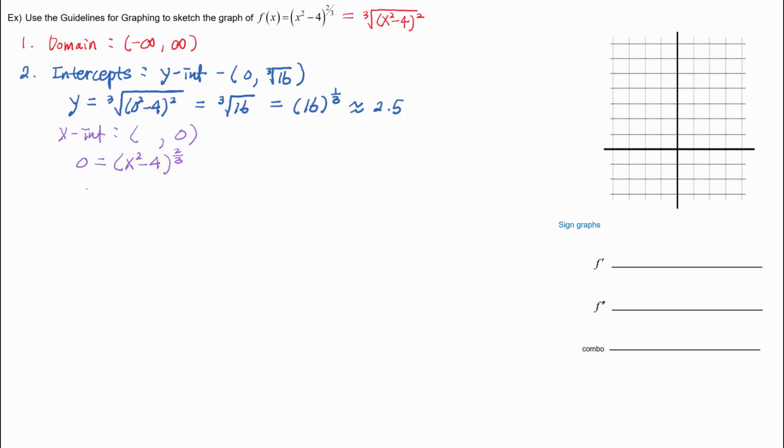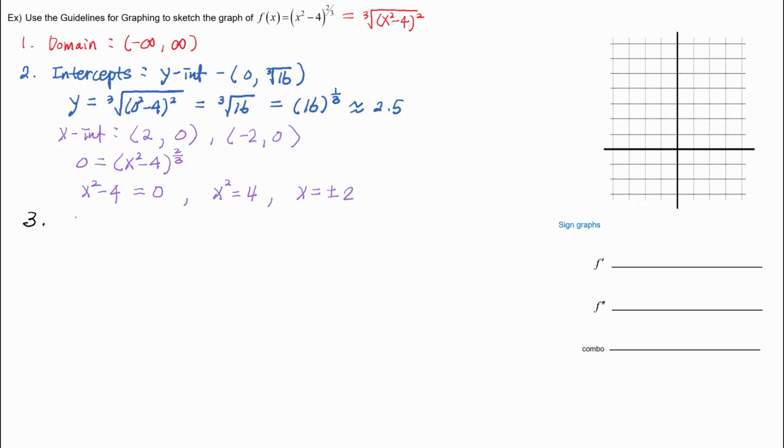And this is 0 when x squared equals 4. We can now use the square root property and we can find that x is equal to plus or minus 2. So my x-intercepts are 2, 0, and I have another one, negative 2, 0.